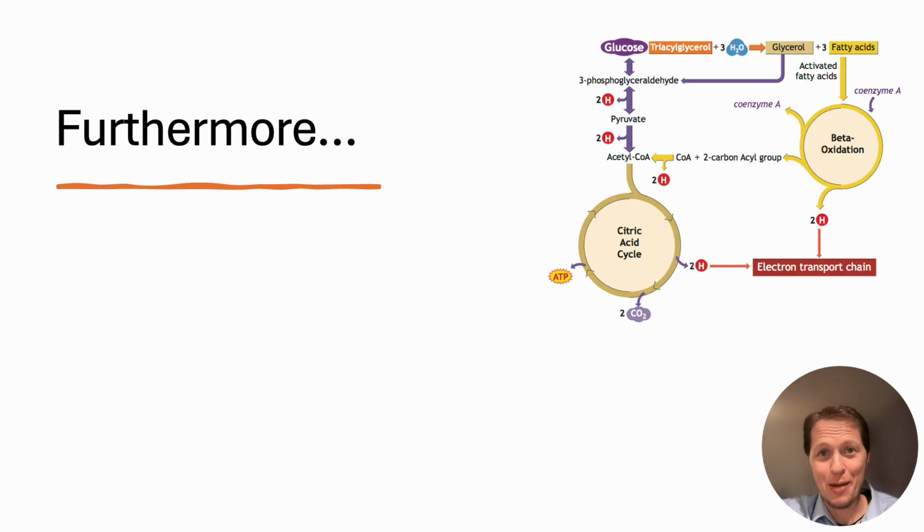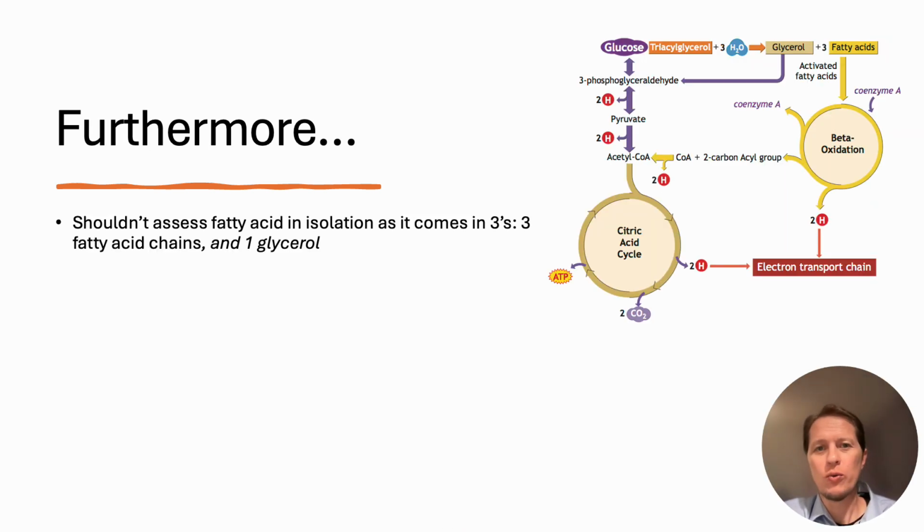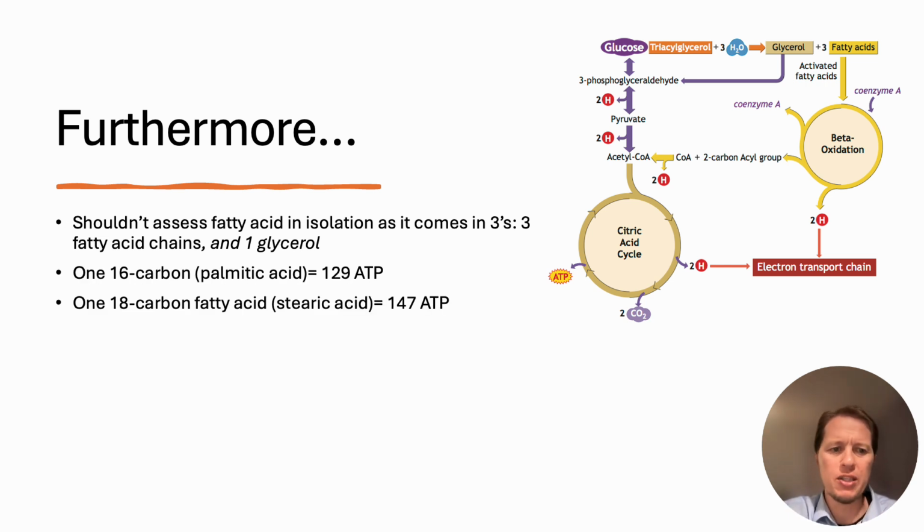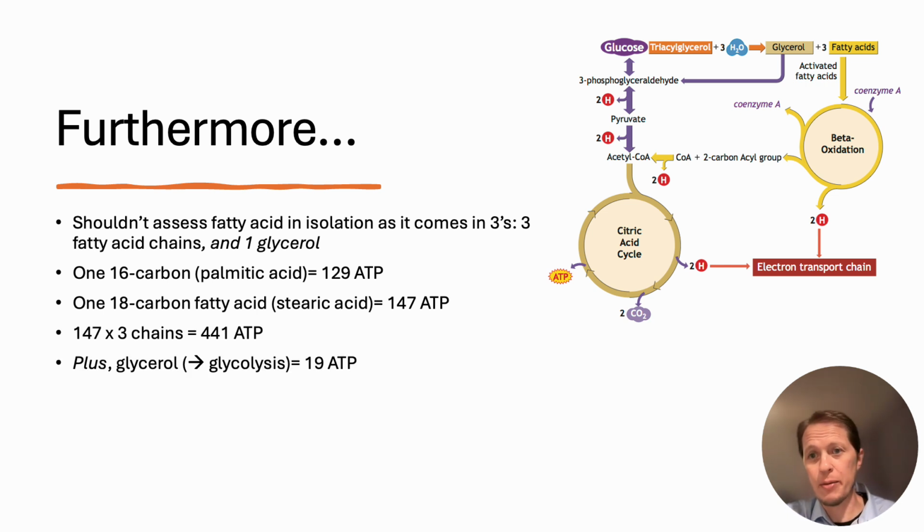And it doesn't stop there, right? It gets better. When we think of fatty acid, we don't just have one chain, we have 3 chains plus a glycerol attached to it. So if you take 16, which is palmitic acid, or more commonly used the 18 carbon stearic acid, that one chain, when you plug it in through beta oxidation, you get 147 ATP times 3, 441, plus, don't forget about that glycerol, that plugs in right here into glycolysis, another 19.